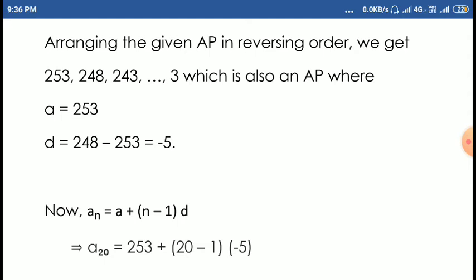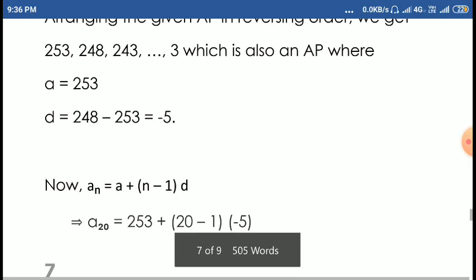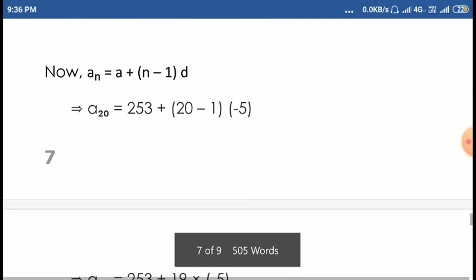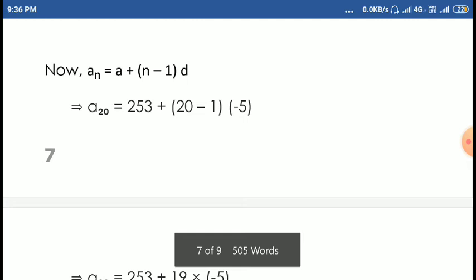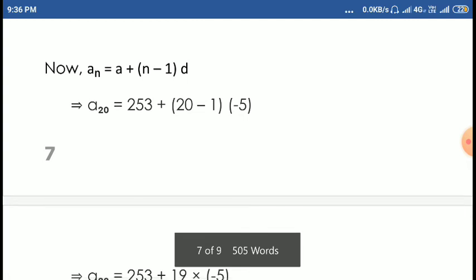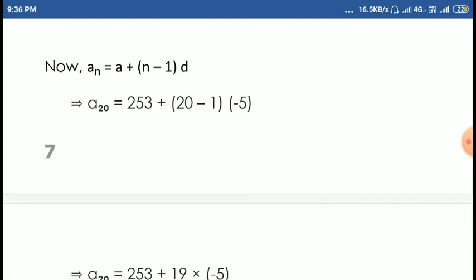Now the nth term of this AP is an equal to a plus n minus 1 into d. You know the nth term formula, an is equal to a plus n minus 1 into d. So if you substitute n as 20, you can find a20, and you already know the value of a and the common difference of this AP after arranging in reverse order. Just substitute the values of n, a and d in this equation.